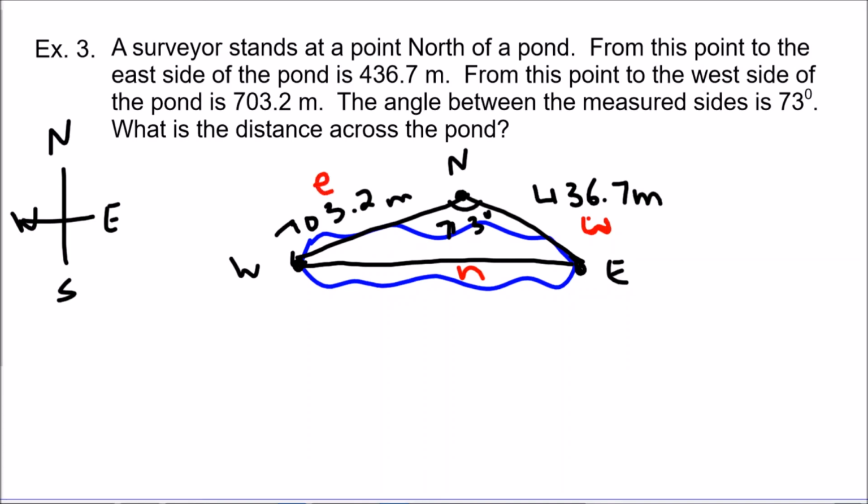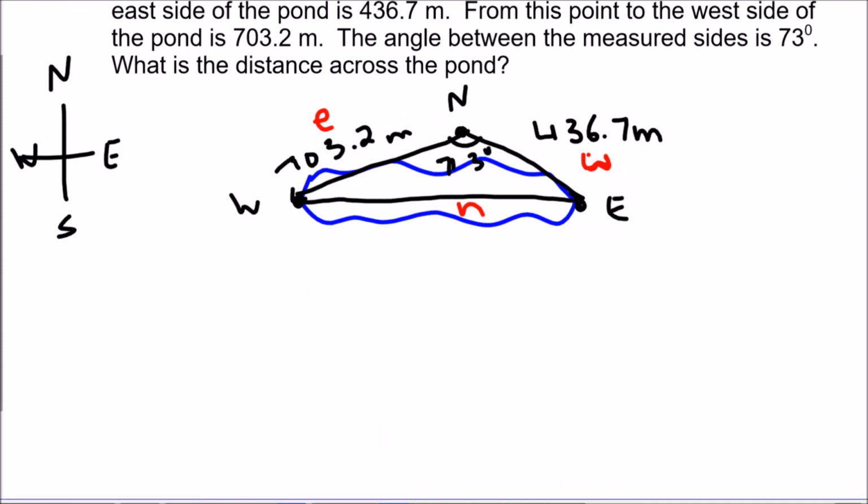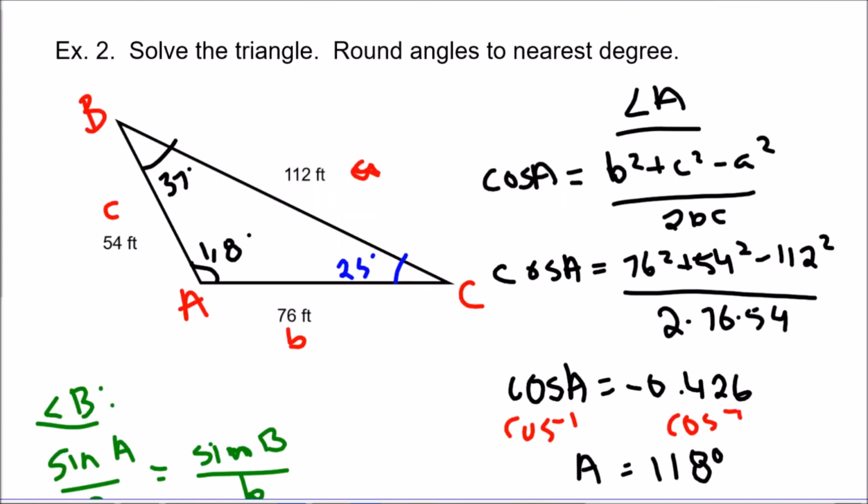I have no pairs. I need to start with cosine law. Because I'm looking for a side length, again, I'm going to start with the one that looks like a squared is b squared plus c squared minus 2bc cosine A. Right? I don't want to use the one we just used in the last one. Otherwise, I'm going to have to do a lot of rearranging to isolate a side length.